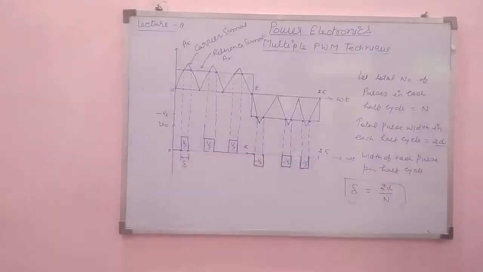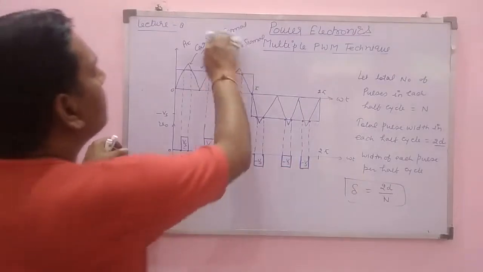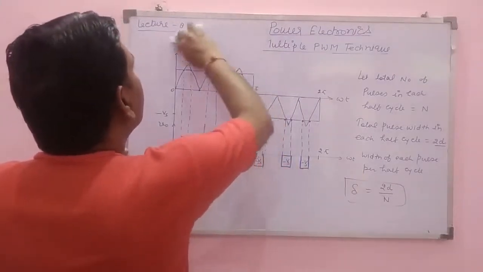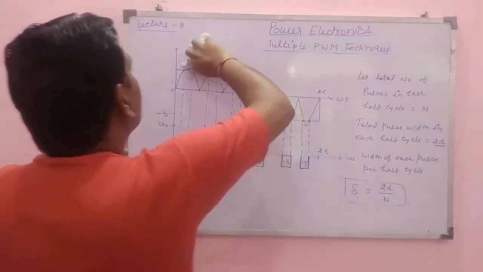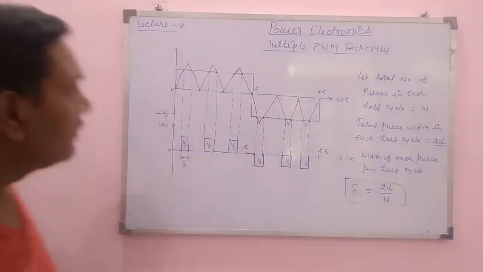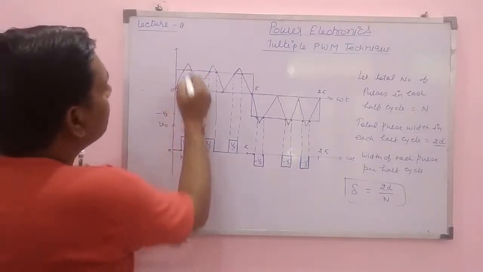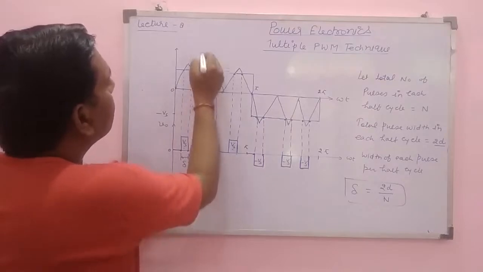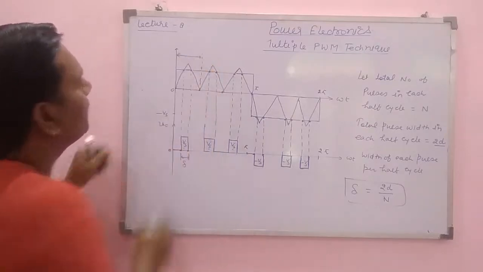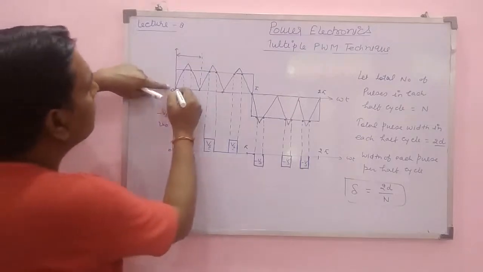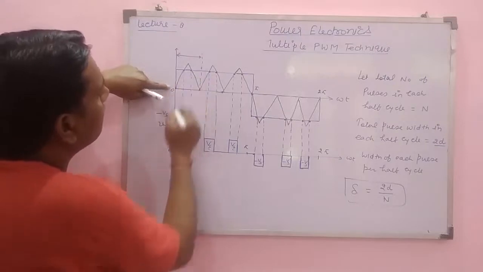Okay, so you can see here, from this point to this point, this is one cycle of the carrier signal. You can see this is from this point to this. The waveform at this point is increasing linearly.